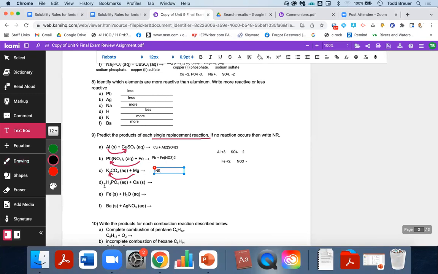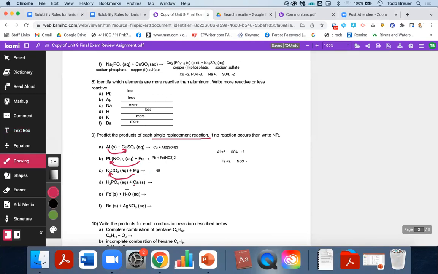Here we got calcium trying to replace hydrogen. Well, calcium is far more reactive than hydrogen. So hydrogen becomes the element. Whenever we write the element hydrogen, we write it as H2. Remember, hydrogen ends in gen. And then what we're going to see is Ca ion, which is a +2 charge, joins up with phosphate ion.